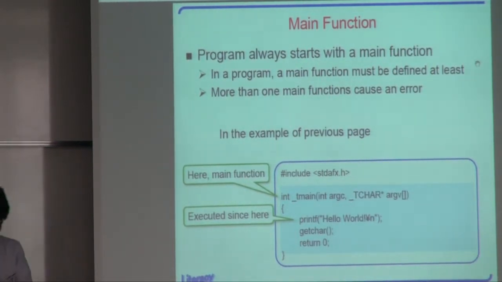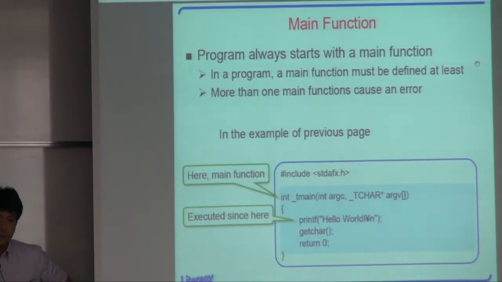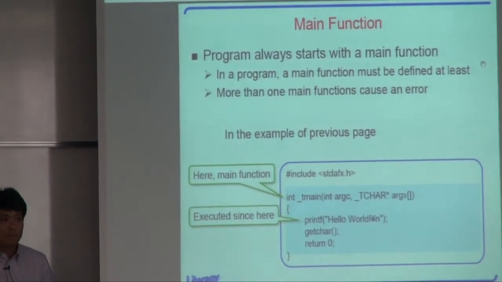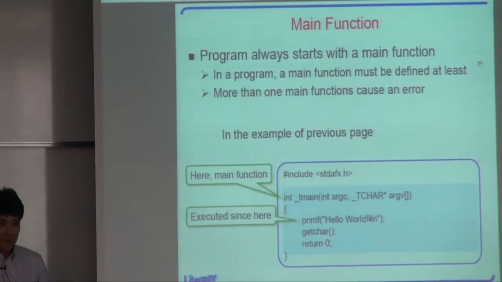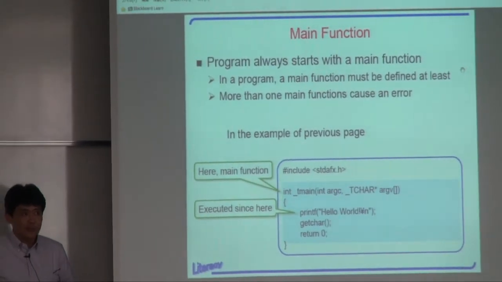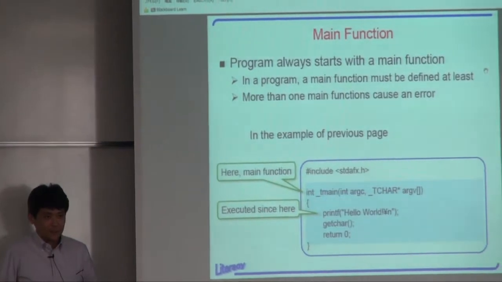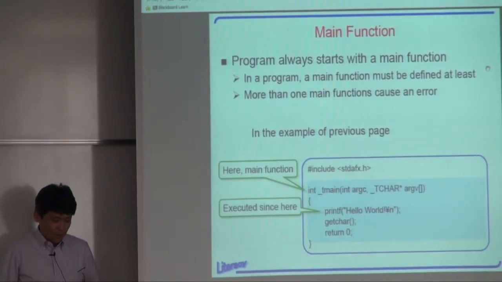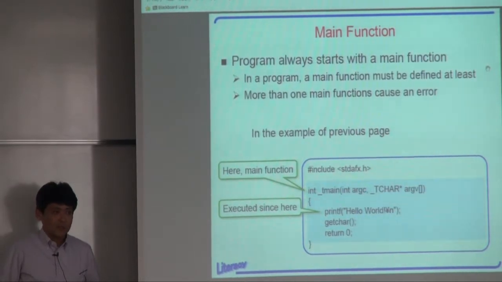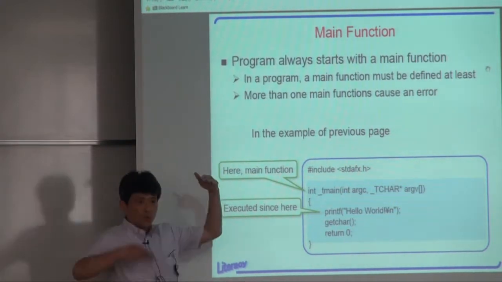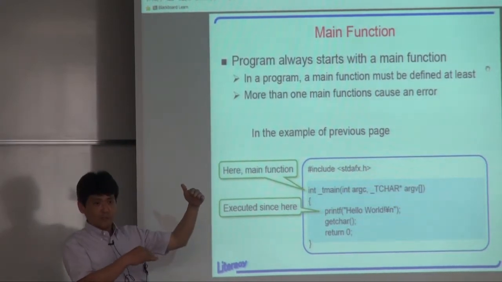At least you have to make one main program. Only the main function is executed. Of course, your program may need a set of other functions, and such functions are located inside the block of the main function.